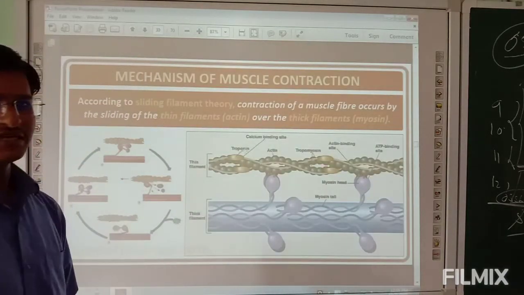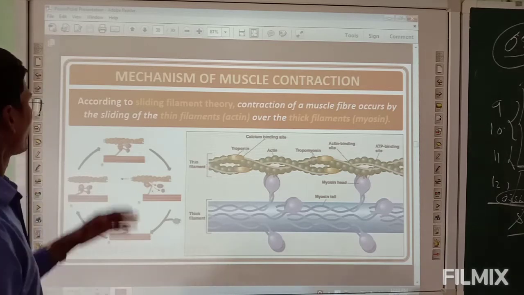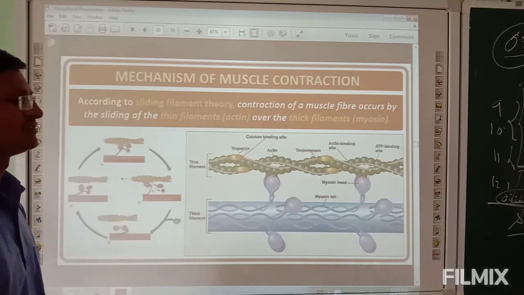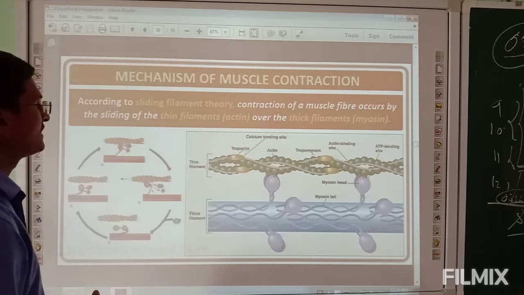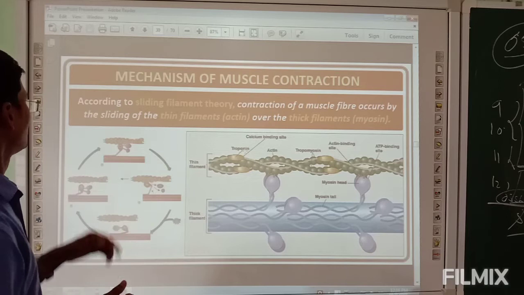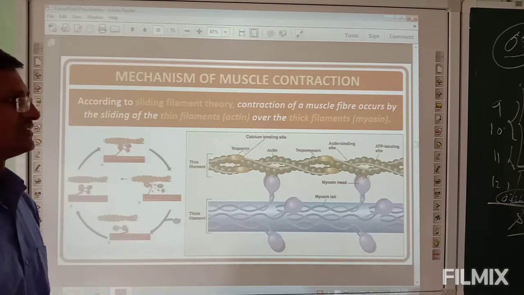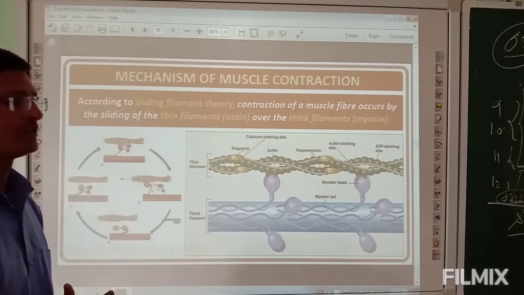As you can see, the mechanism of muscle contraction is explained according to the sliding filament theory. According to this theory, the contraction of a muscle fiber occurs by the sliding of the thin filaments over the thick filament, myosin.